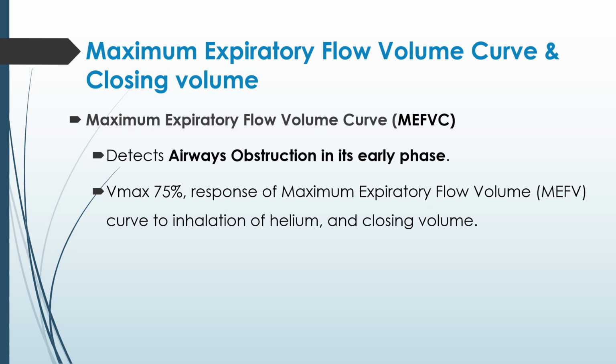They include the Vmax 75%, response of the maximum expiratory flow volume curve to inhalation of helium, and the closing volume. In the maximum expiratory flow volume curve, the flow is plotted against the volume exhaled. This Vmax 75% is the flow achieved after exhaling 75% of the total forced vital capacity.